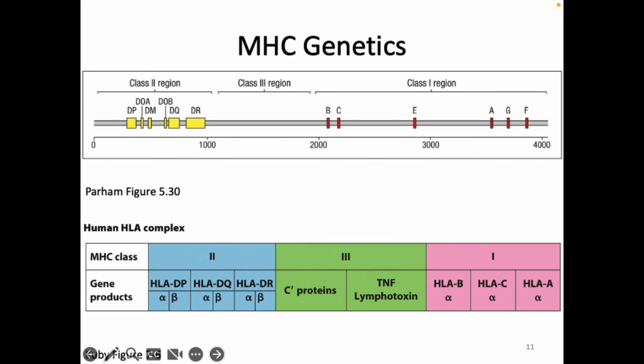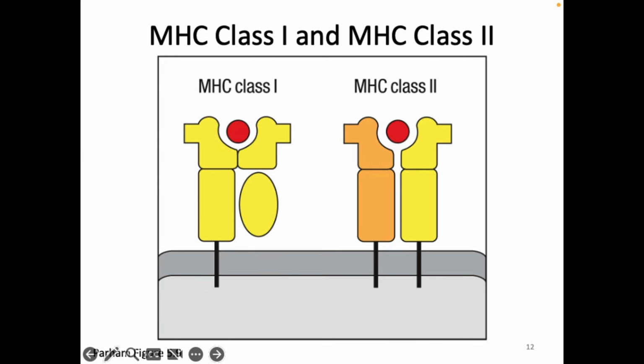All right. So, I've already told you about MHC genetics and the different MHC regions, the class 1 and the class 2 region. They encode different kinds of proteins. The MHC class 1 region encodes MHC class 1 proteins, while the MHC class 2 region encodes MHC class 2 proteins.